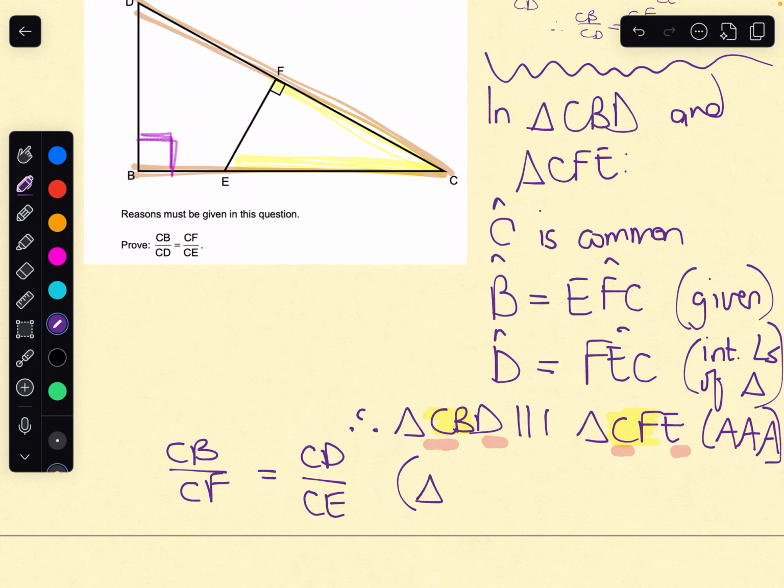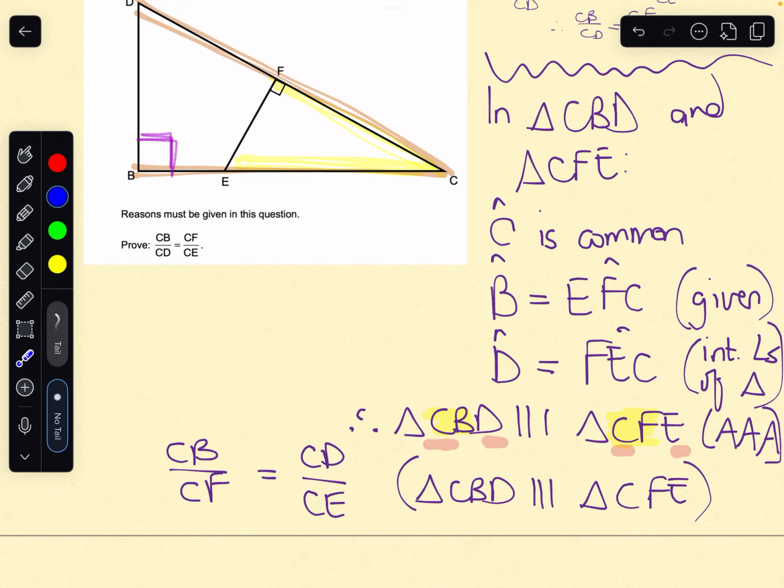That's because of what we just proved, the fact that CBD is similar to CFE. Okay, but this isn't quite what we are asked to prove. Our things are a bit diametrical. We've got CB over CF, CD over CE.